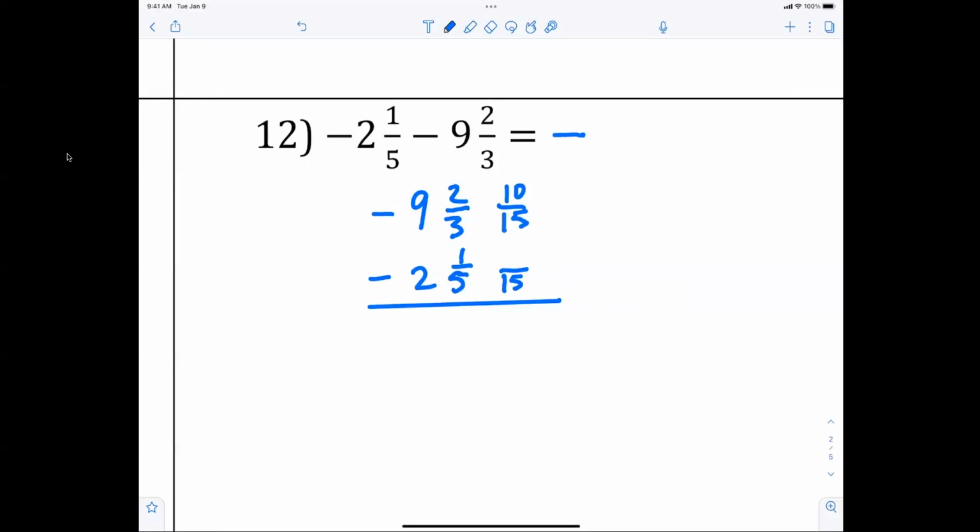Multiply the second fraction by 3, and that becomes 3. Now we're adding. 13/15. And what else? 11. And don't forget it is negative. Negative 11 and 13/15. I'm pretty happy with that. All right, let's get to work.